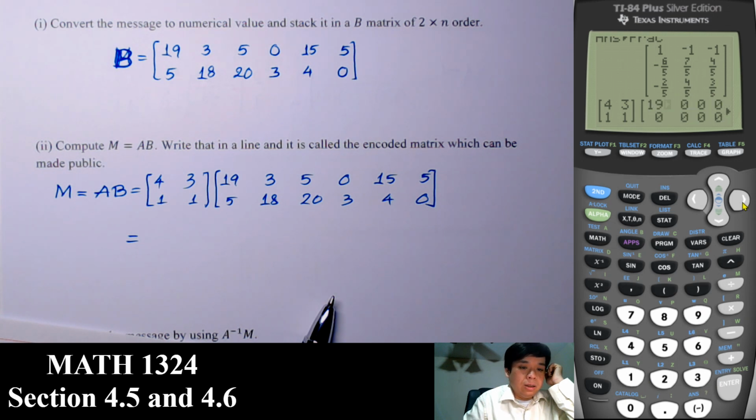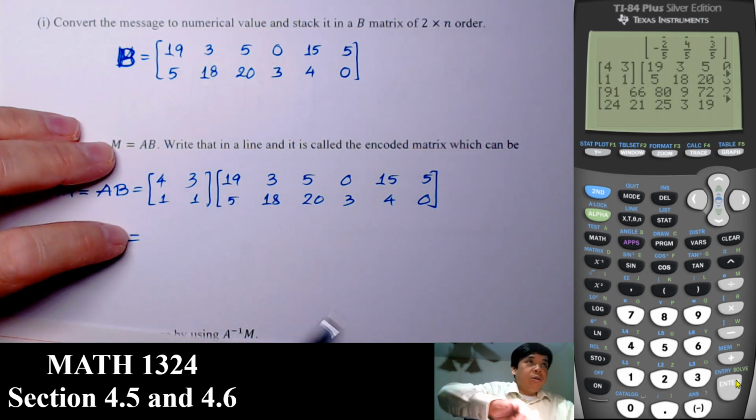Nineteen, 3, 5, 0, 15, and 5, 5, 18, 20, 3, 4, and 0.